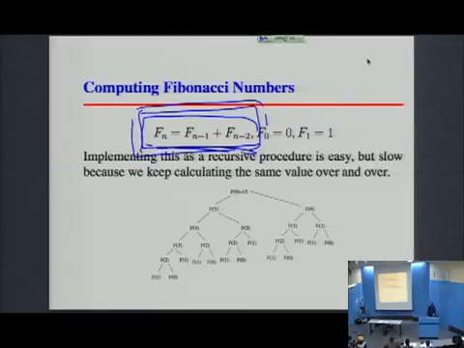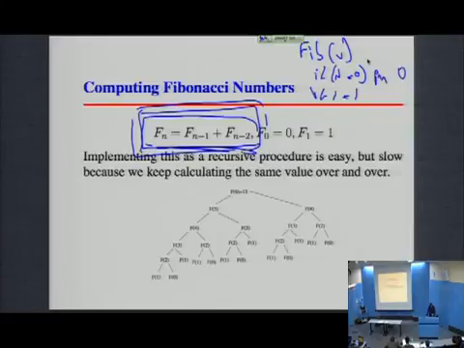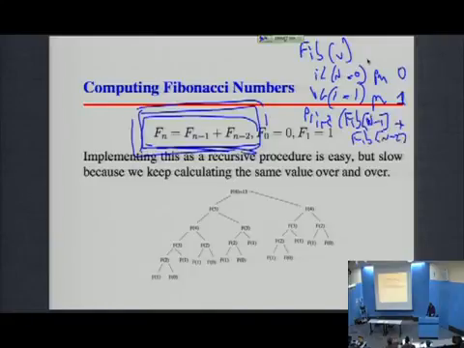Does everybody see that we would write a program that went something like: fib of n would be, if n equals 0, print 0. If n equals 1, print 1. Otherwise, print fib of n minus 1 plus fib of n minus 2.